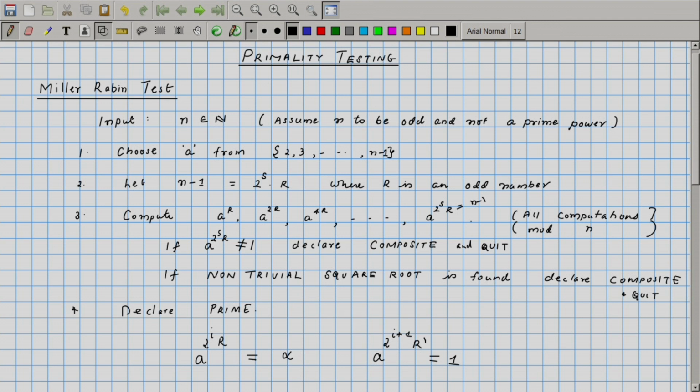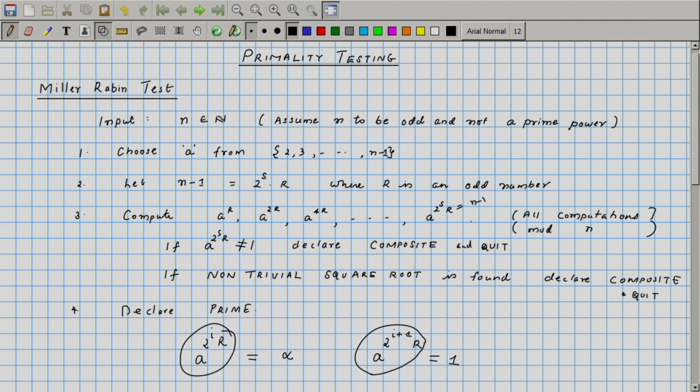Here, this number A raised to 2 to the I times R turns out to be a number which is not plus 1 or minus 1, but squared it gives us 1. So, these are both genuine conditions under which we will declare the number as composite, and if these conditions are not met, then we declare it as prime.